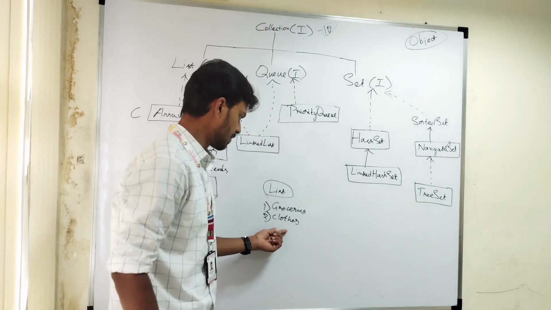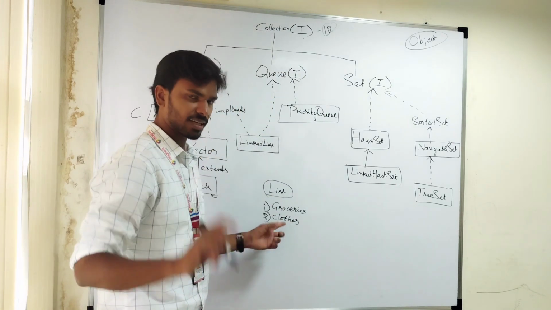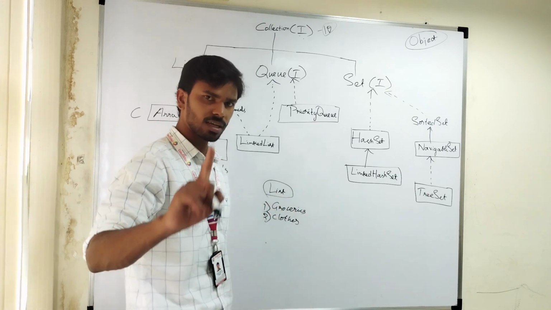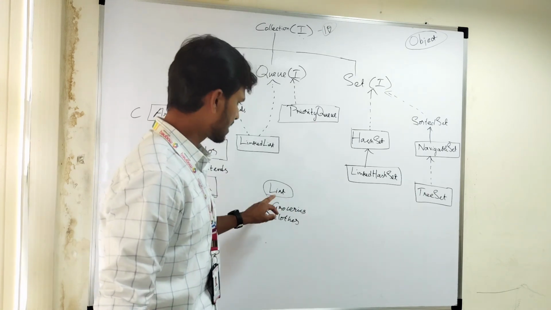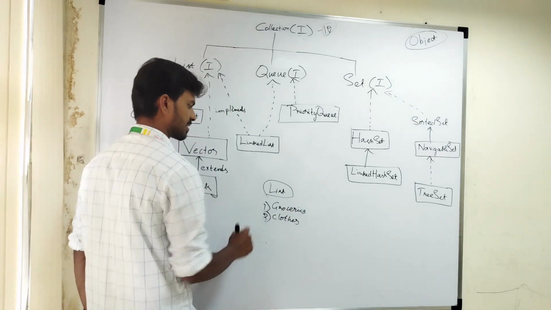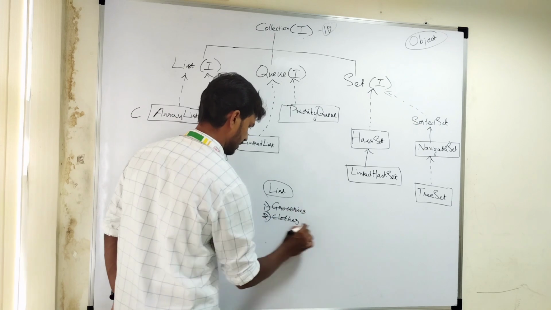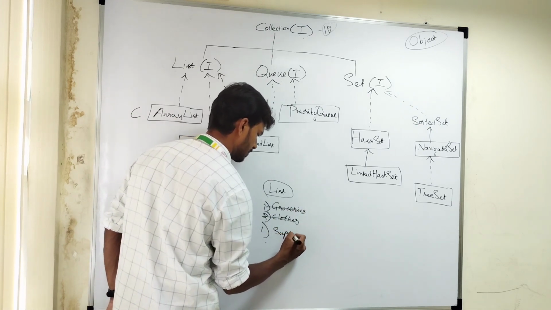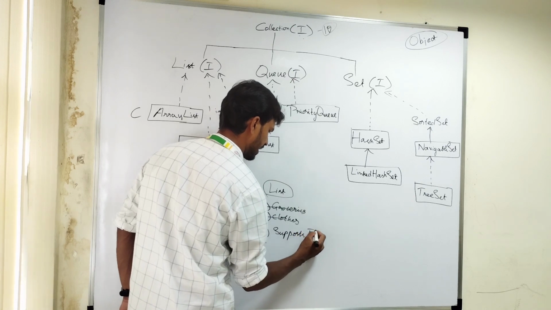So list means you have to understand the first characteristic: indexing is supported by the list. That is the characteristic of the list interface. The first characteristic of list is indexing. It supports indexing.